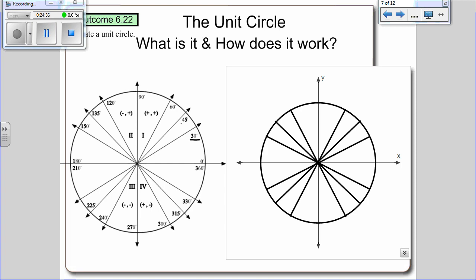Our one triangle would be right here with 30 degrees. Our other one would be right here with angle 45 degrees. And our last special triangle would be all the way here. That's 60 degrees.